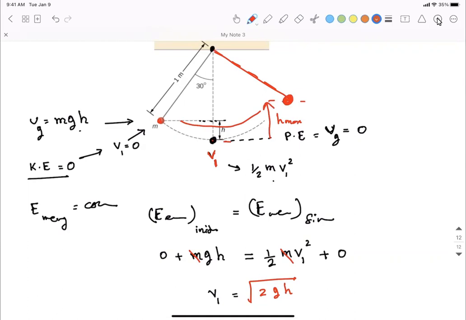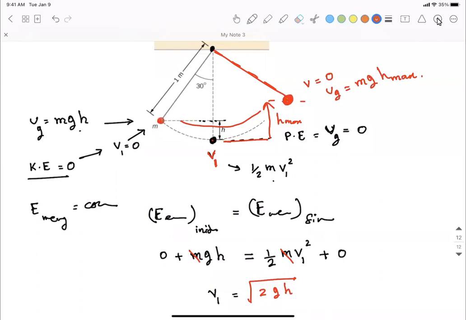Still, we can use these ideas to talk about that. When it reaches the maximum height, we know that v at this location is equal to 0. Potential energy is equal to m times g times h max from the 0 level, everyone. And again, do the same scenario.